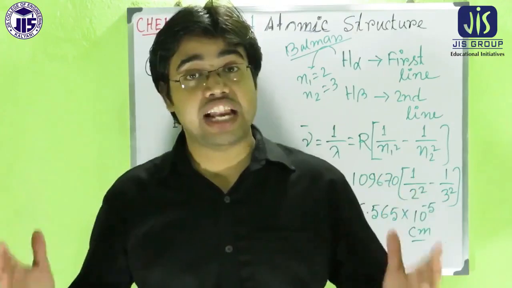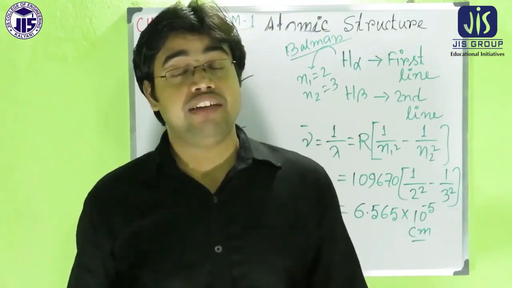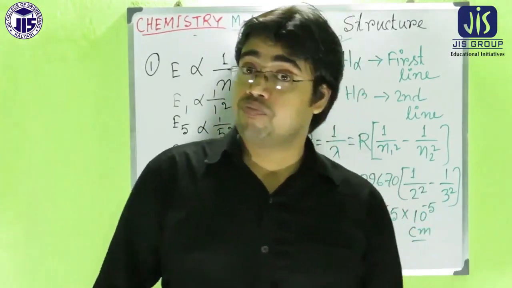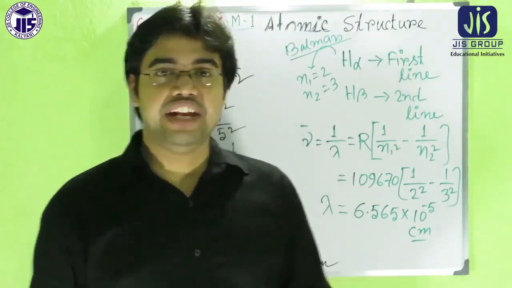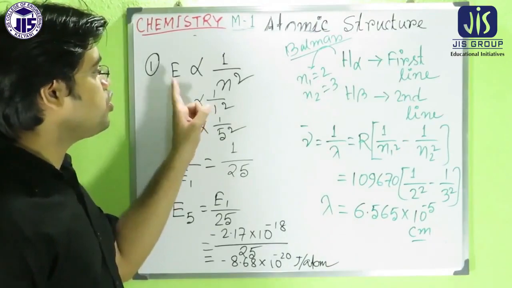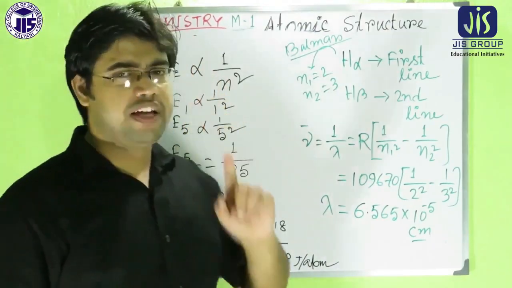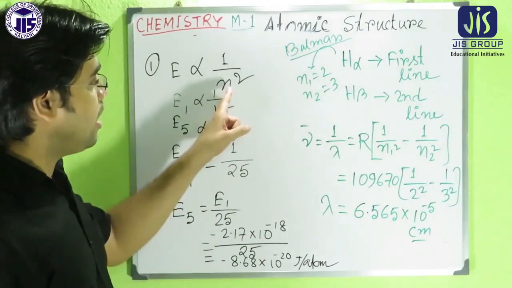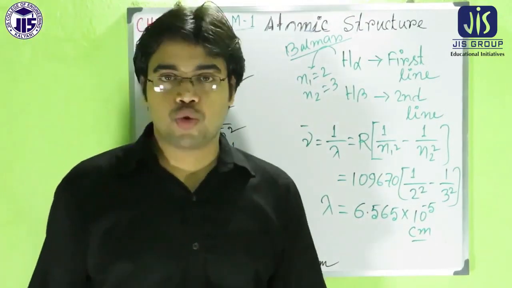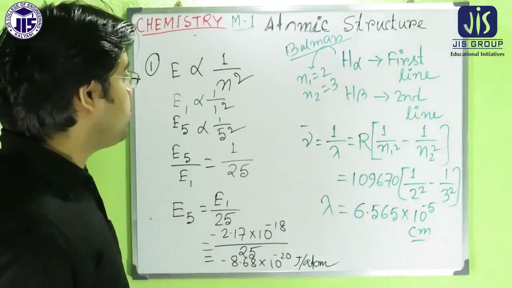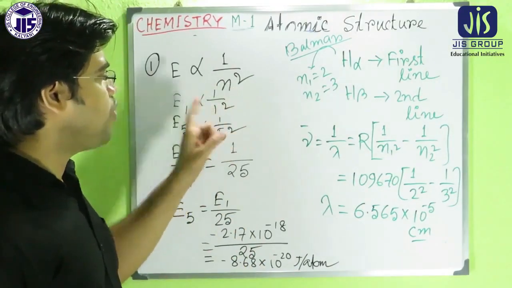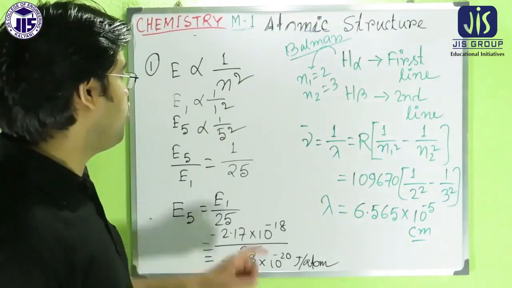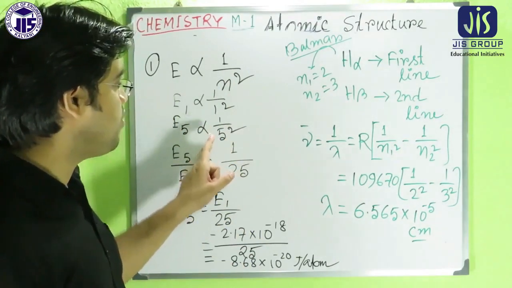When we determined the expression of the energy from Bohr's model, we discussed that energy is inversely proportional to the principal quantum number. If it is the first Bohr orbit, the principal quantum number is 1. If it is the fifth Bohr orbit, then the principal quantum number is 5.